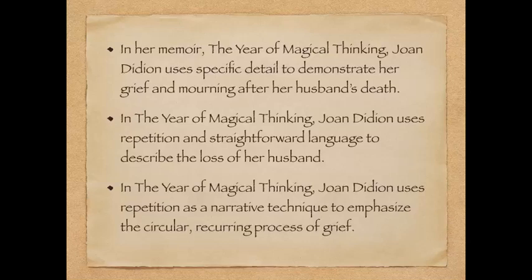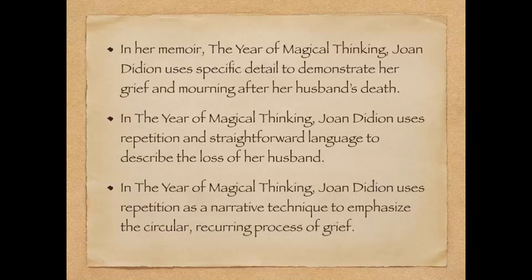All right, so number 1. In her memoir, The Year of Magical Thinking, Joan Didion uses specific detail to demonstrate her grief and mourning after her husband's death. This contains the title of the book, the author's name, Joan Didion, what the craft element is, specific detail, and then what effect that detail had on the text, or what that detail is doing.